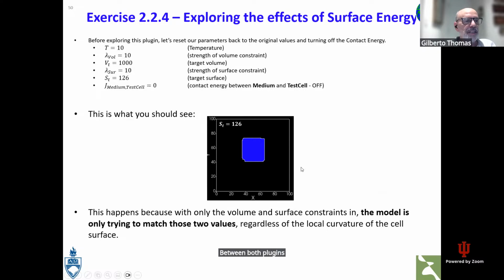The volume keeps the cell at 1,000 pixels, and the surface keeps the surface at 126. And there is no influence of the contact energy. We have put it to 0. Only these two are actually working here. So CompuCell tries to satisfy both plugins, the surface and the volume.